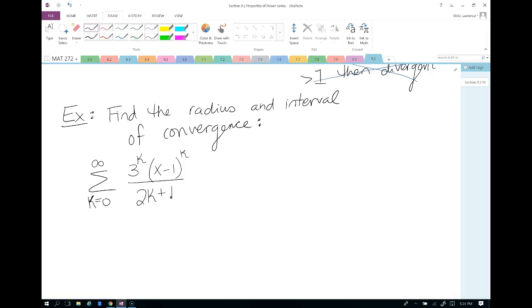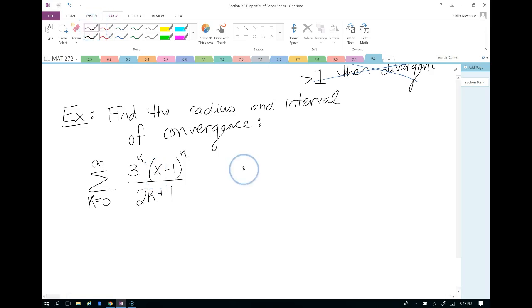For a geometric series, we're allowed to have a coefficient and then some sort of x plus or minus the center to the k. So the 3 to the k over 2k plus 1 will not qualify as a coefficient because it has k's in it. It's got powers of k, and that might be an issue. So the safest thing to do is the ratio test here.